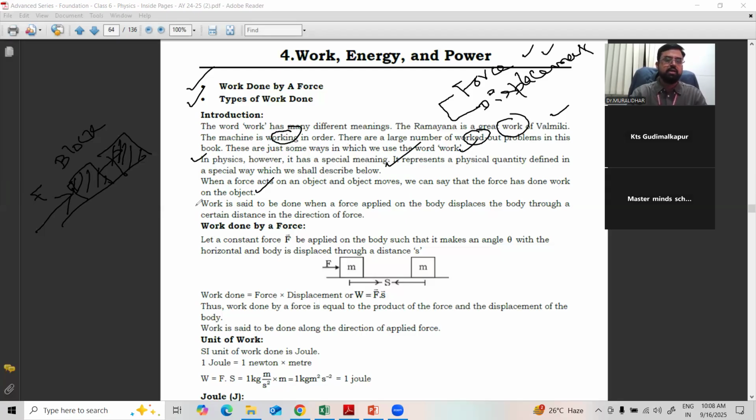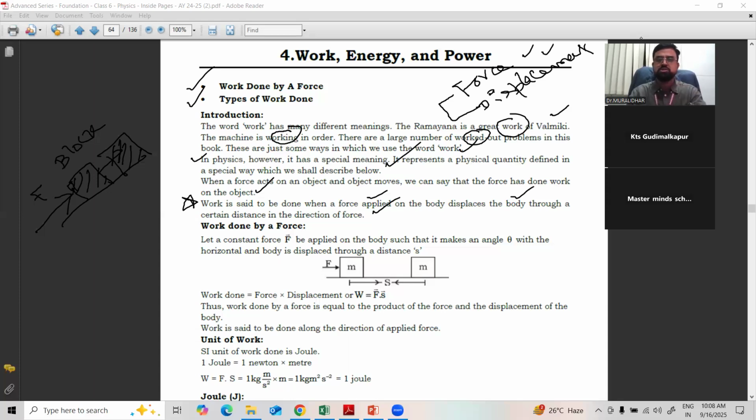Work is said to be done, very important. Work is said to be done when a force applied on a body displaces the body through a certain distance in the direction of force. You are applying force on a heavy body. A heavy container is there. You want to move that. You are applying force, but you are not able to move it. Then you can say no work is done.